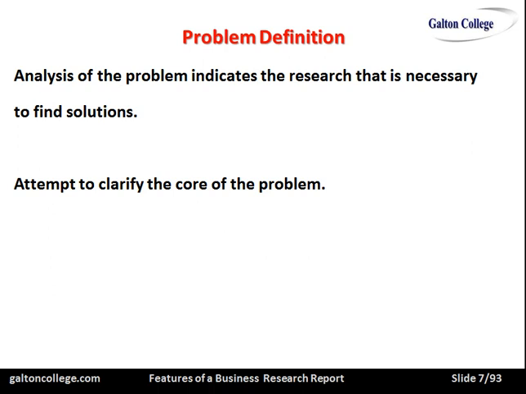It's always important to attempt to identify and address the core of the problem. What's the essential nature of the problem? Because once that's discovered, then some remedial action, some process can be set up to address the problem, to address the issue.